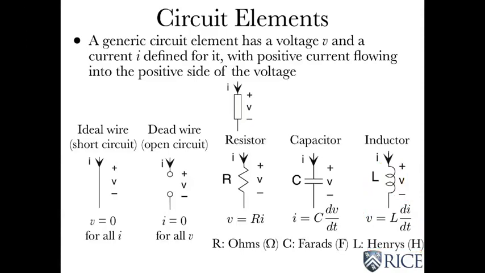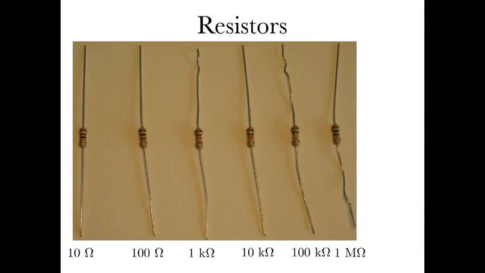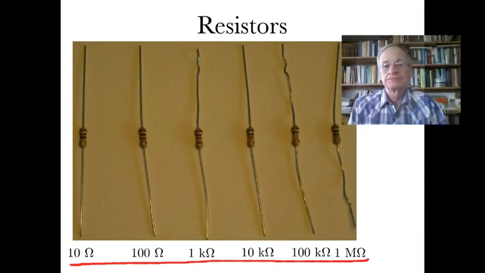Okay, so let me show you some resistors. So here's a photograph I took of a set of resistors I happen to have. I want you to notice, first of all, they're all the same size, no matter how big the resistance is. So this is the actual resistance of each of these resistors, going all the way from 10 ohms to 1 megohm.